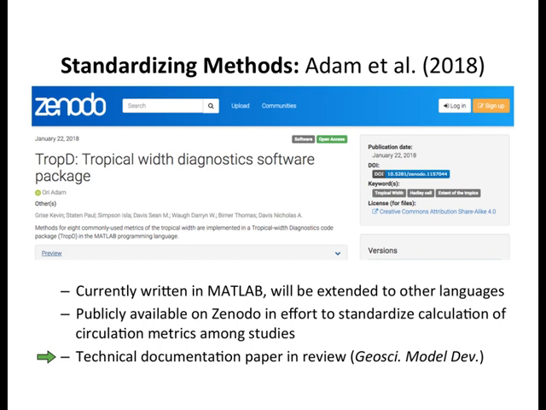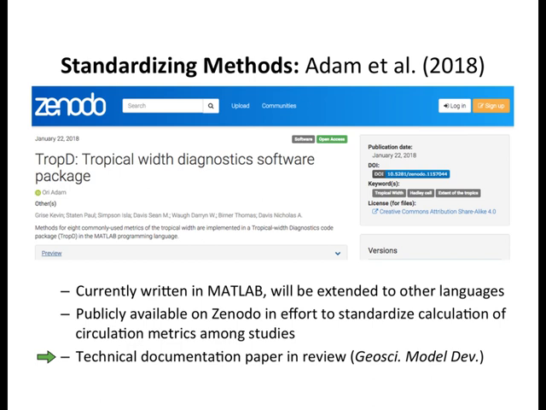So we're certainly not telling people that this is how you should calculate these things, but we're suggesting that if you come up with a new method or a new finding about tropical widening, you should at least cross-compare it with these established methods, because that was a lot of the problem in the previous literature: there was a lot of independent work that was very difficult to compare with one another.